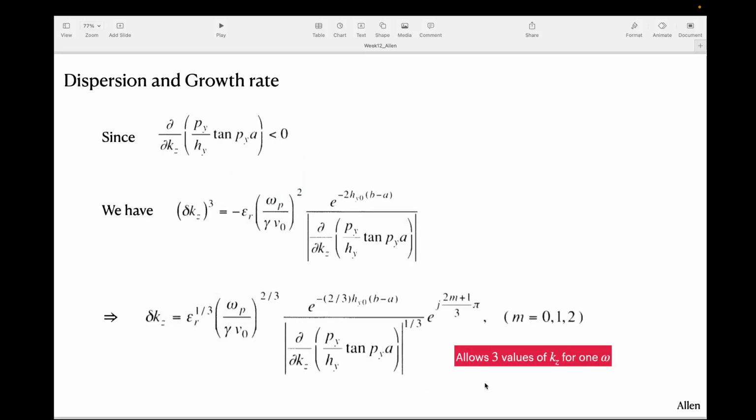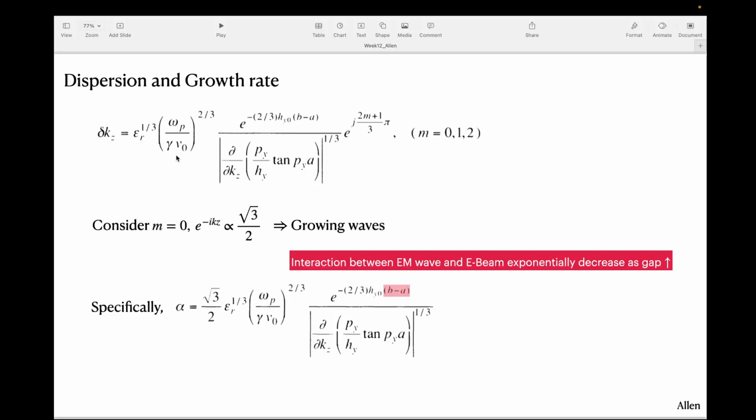So here we can see that it allows 3 values for the wave vector corresponding to 1 frequency, and this is quite trivial because for n larger than 2, it actually just goes back to 0 because of the periodicity of this exponential complex form.